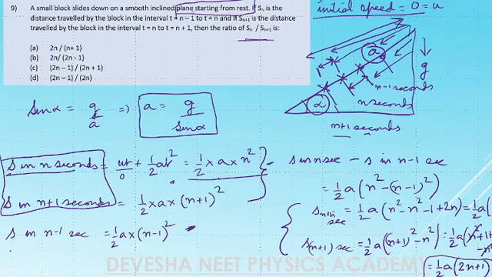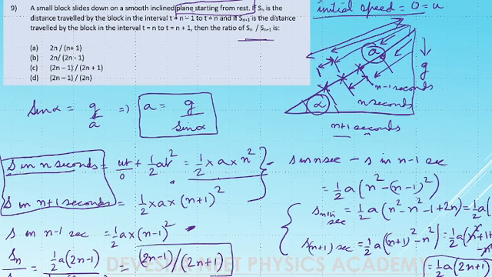So S n upon S n plus 1 is equal to half of a into 2n minus 1 to half of a into 2n plus 1, right? So this is equal to 2n minus 1 upon 2n plus 1. So this will be the ratio, folks. If you look at the answer, this answer is given here.